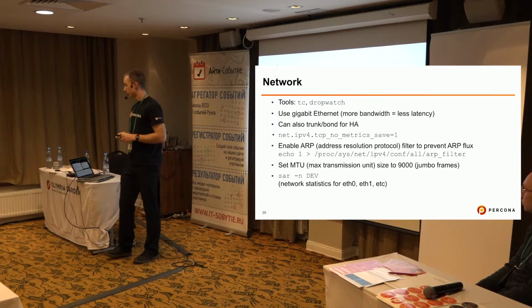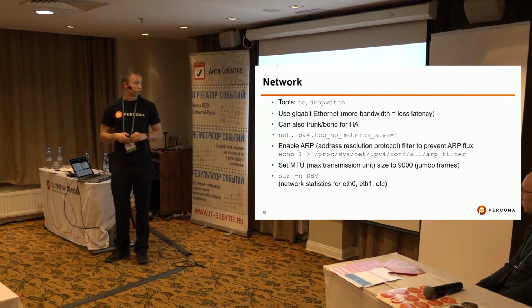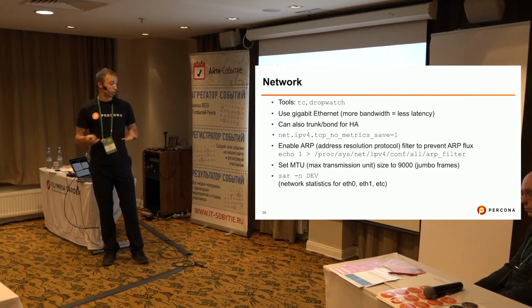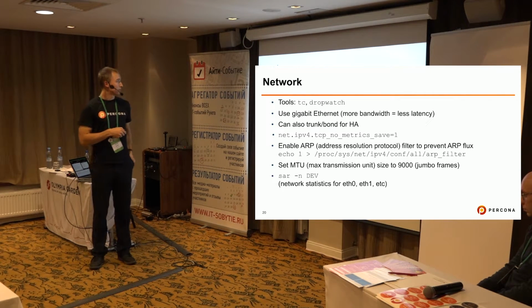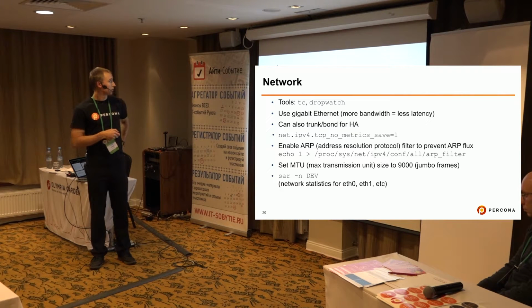In terms of network, as I already mentioned, you need to make sure that you lower your latency. The tools that you can use are tc (traffic control), which shows and lets you configure traffic control settings.